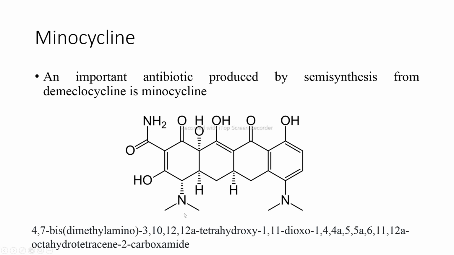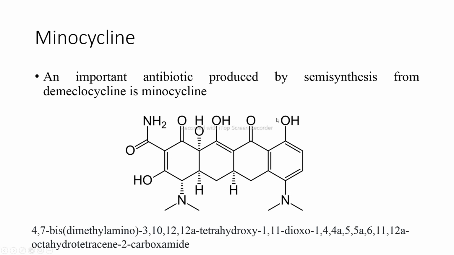Now the numbering of minocycline is started from this carbonyl oxygen, or we can also start from this position, but our highest priority functional group is over here. So we have to start the numbering from this carbonyl oxygen. We cannot start from the other position because our highest priority functional group is attached near to this position. So we'll give the first number to this carbon. Okay, so which are the functional groups or atoms?